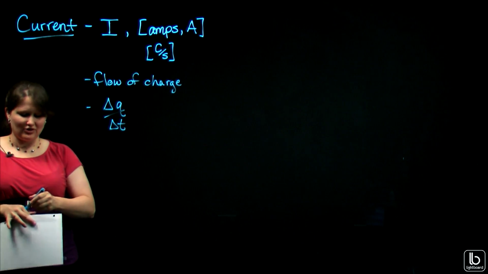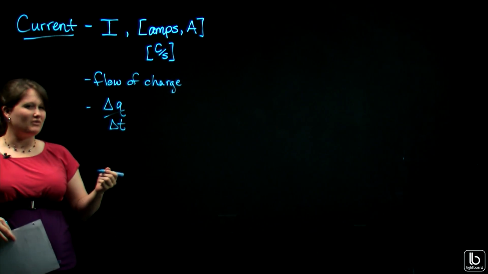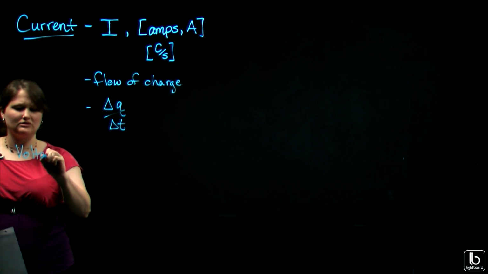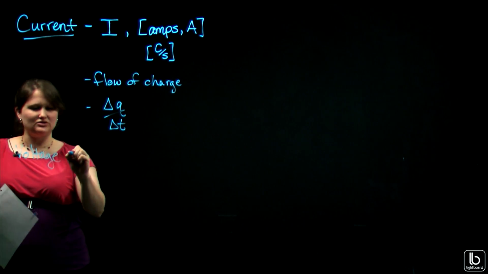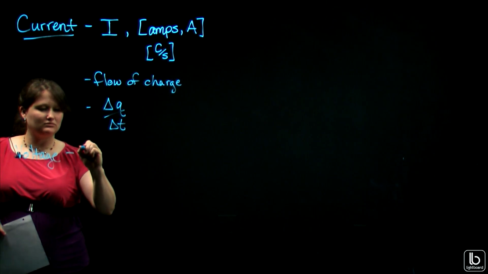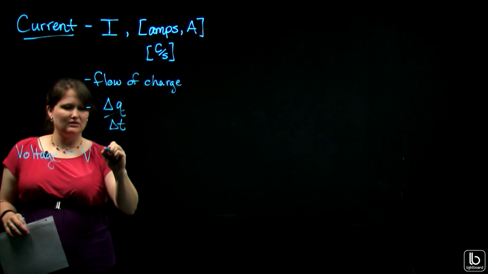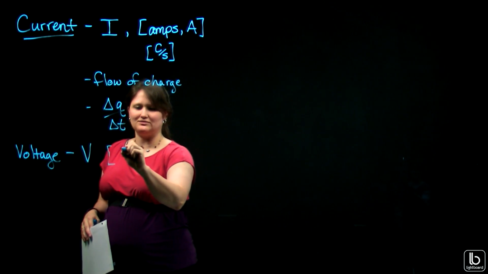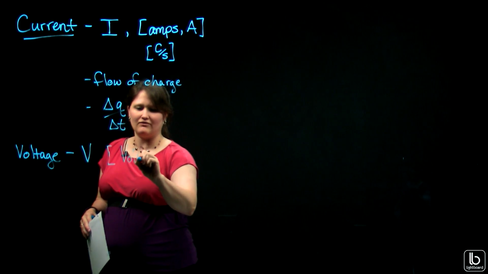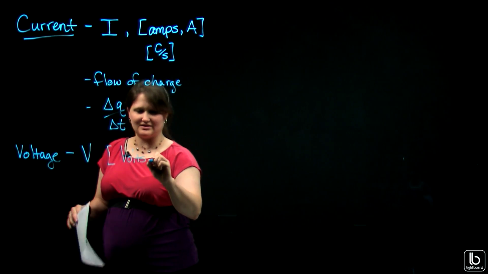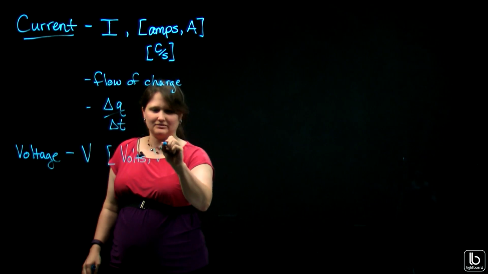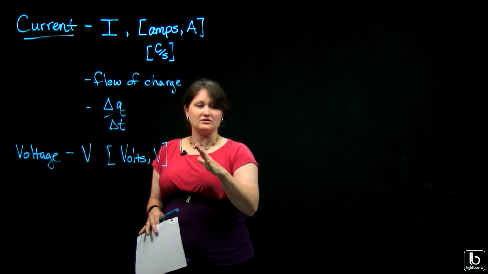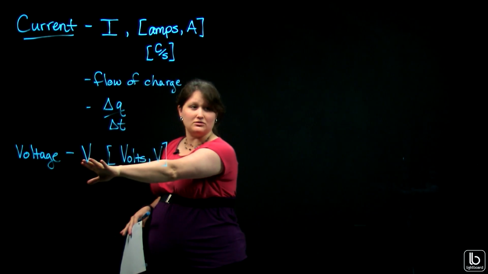There's a similarity here with the term that we've already been using a little bit, voltage. Voltage we represent with the letter V. And this is where it gets a little confusing, so just beware. Voltage has units of volts, also written as the letter V. So when you're writing your equations, be sure that you're paying attention to the difference between the variable and the unit.